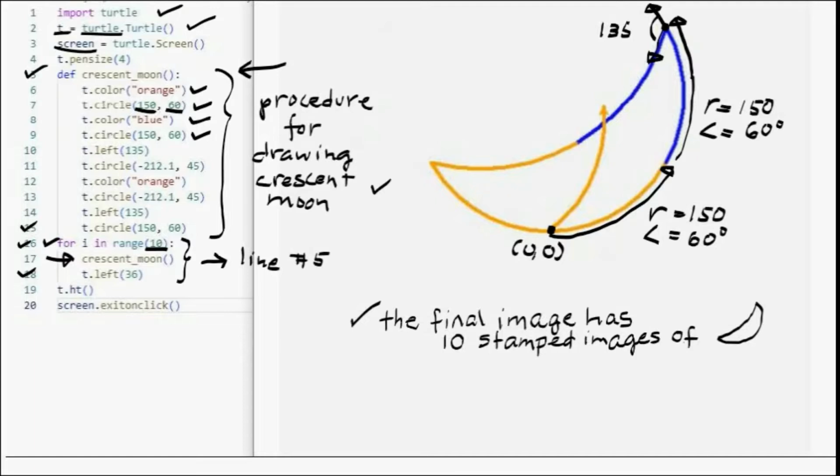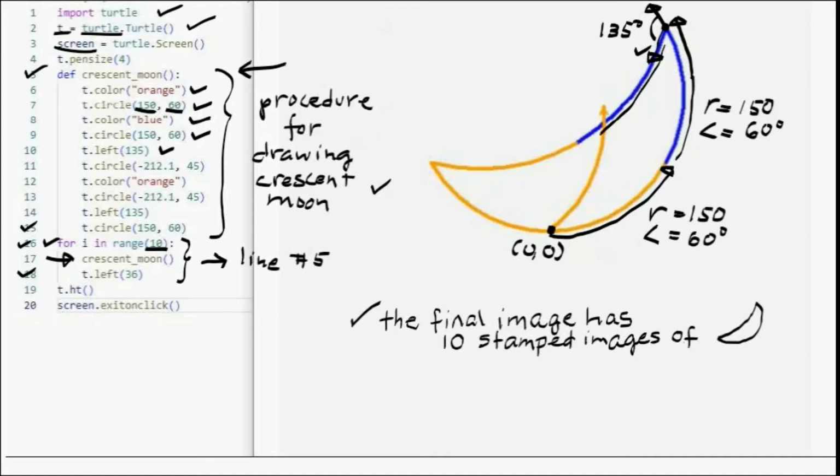So what I need to do is turn the turtle left to this portion here, and that is in line number 10 of the Python code. I turn the turtle 135 degrees to the left. Now I'm ready to draw the blue arc, this arc here.